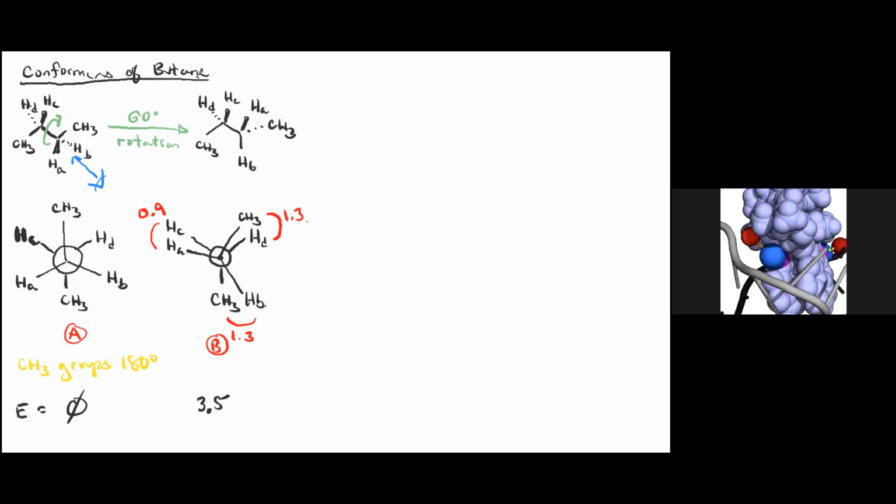And so we're going to continue on this path. We're going to do another 60-degree rotation. Again, redraw by starting with what did not move.